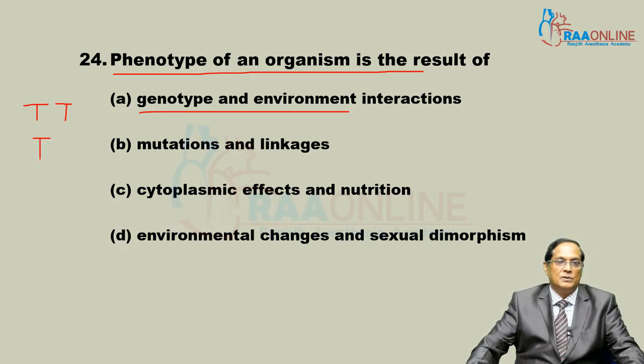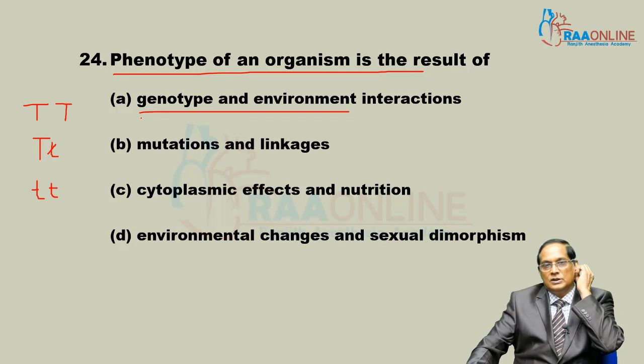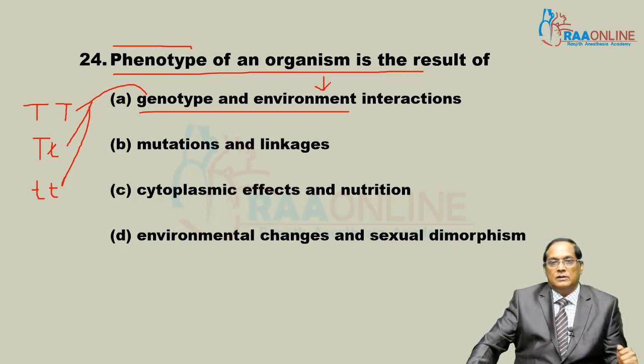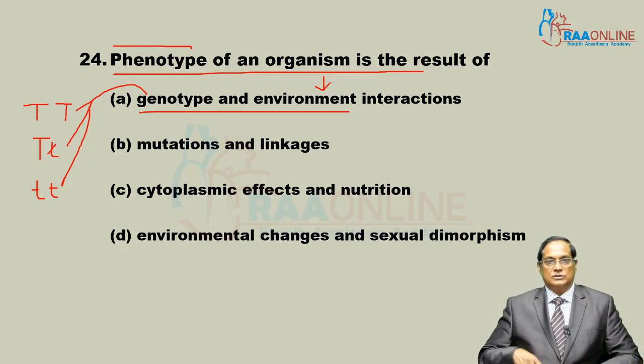Again tall, but hybrid tall. But if the genotype is in this manner, then we can say the plant is dwarf. So definitely genotype plays an important role in determining the phenotype, as well as external conditions. Environmental interaction is also responsible because it causes mutation also.